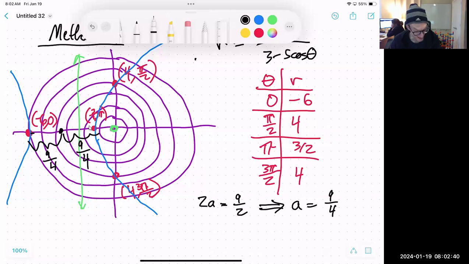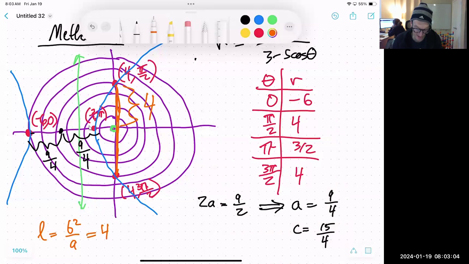There's probably another thing I can get sort of instantly. One more quick thing to mention is that this segment here is actually just the latus rectum of the hyperbola. And so this distance here, which is 4, automatically tells me that b squared over a is 4.